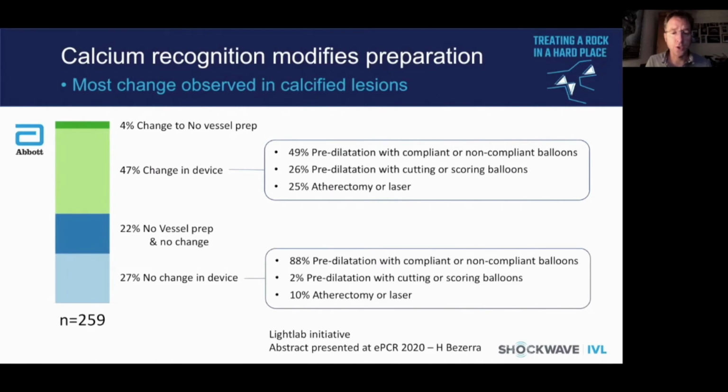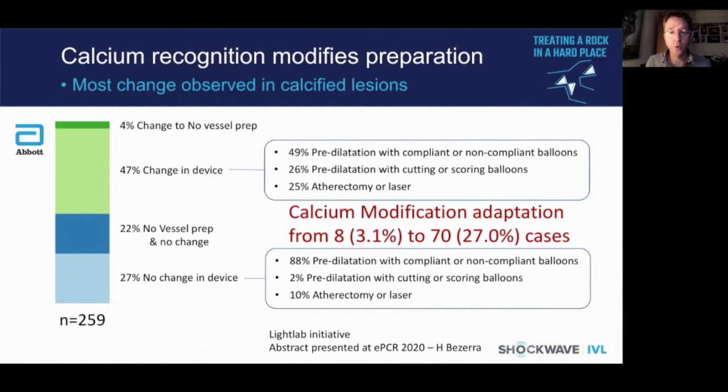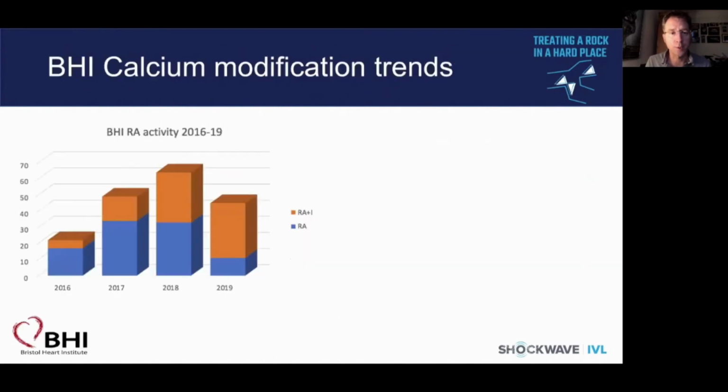Where no change in device was made, actually the majority were having fairly aggressive strategies deployed anyhow. But overall we saw an uptick in the use of aggressive calcium modification from 3% to over a quarter, 27%.